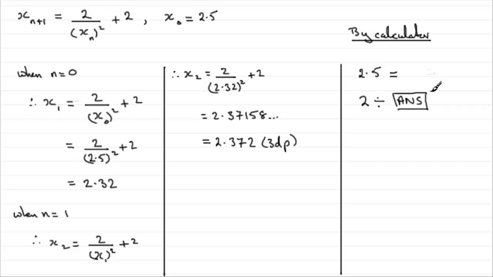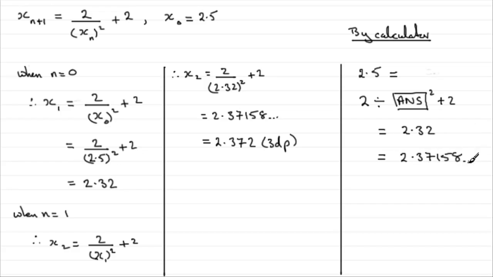We need to square this, so press the square button, and then we need to add 2. Now if you press equals after this, you should find that you get the next approximation, 2.32. So that gives you x1. Now if you press equals again, you should find you get 2.37158, and so on.